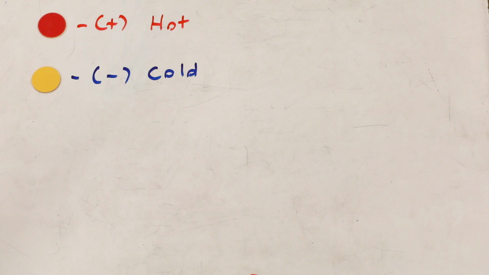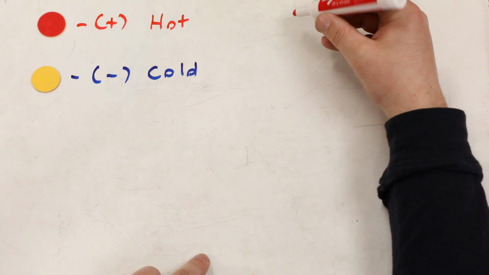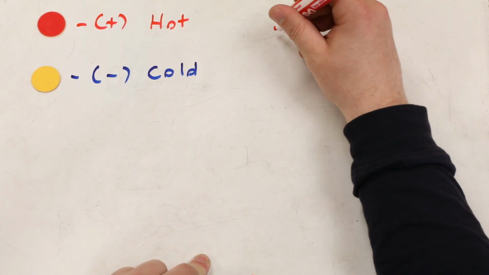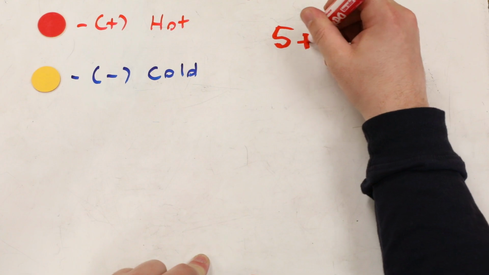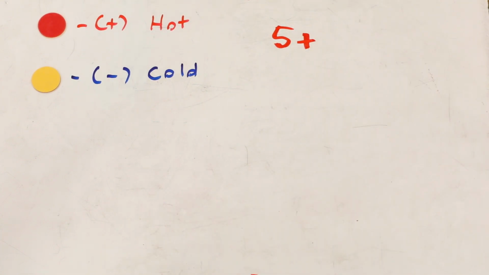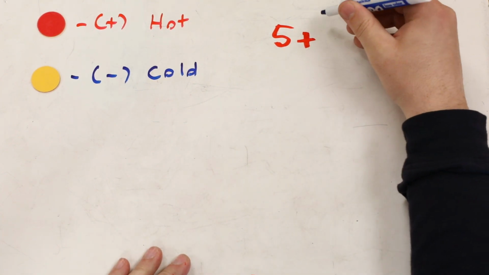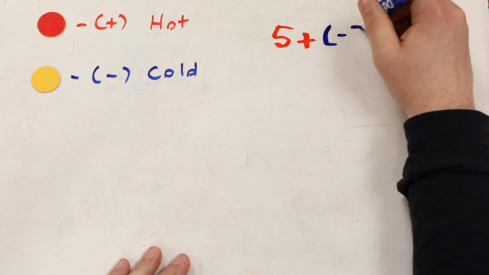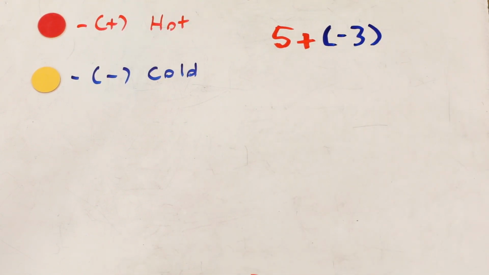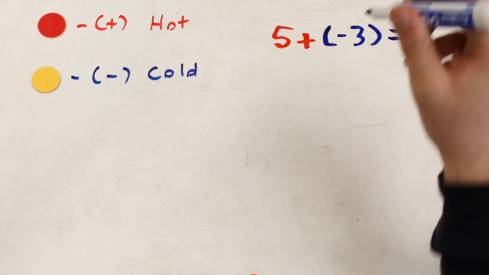So if I started out with a question, if I had 5 plus, I'm just going to change colors, -3. So we're going to try to figure out what is 5 plus -3.